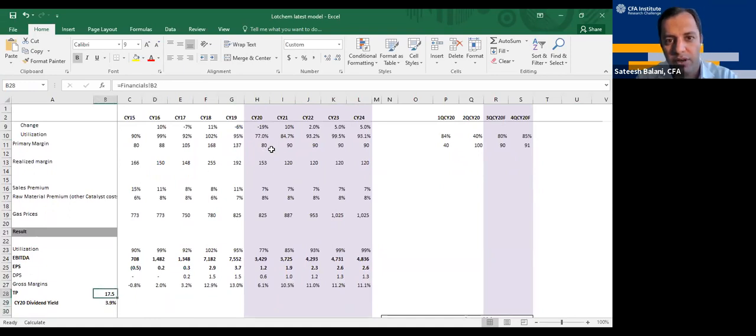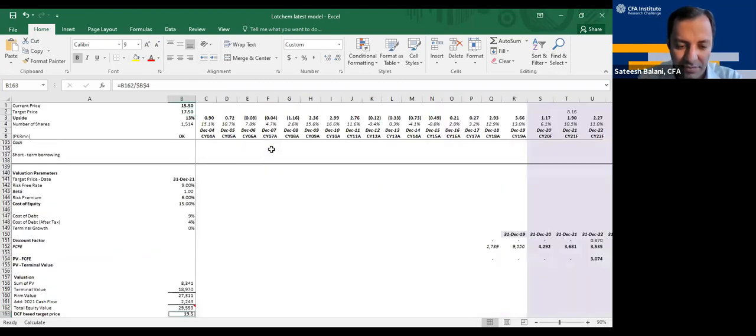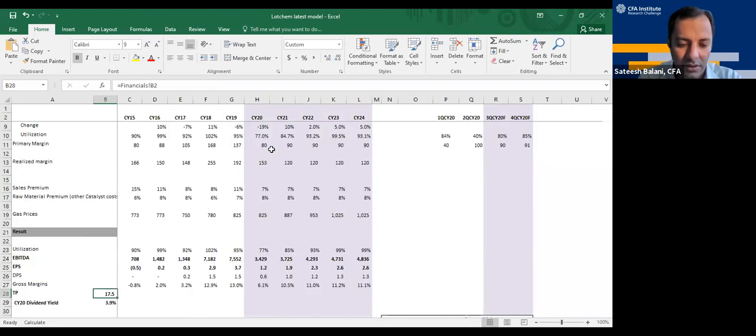So most of the calculations are at the back in the model in this section, and this is the basic dashboard where I can see, okay, if I have a $90 margin, EBITDA is 3.7 and earnings is 1.9. If I change this assumption to 100, I can see the change. So earnings increase. If I make it 80, earnings reduce. So this is how the model is operating. So this is how the dashboard looks.